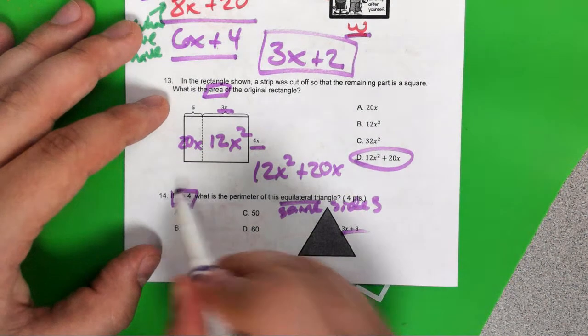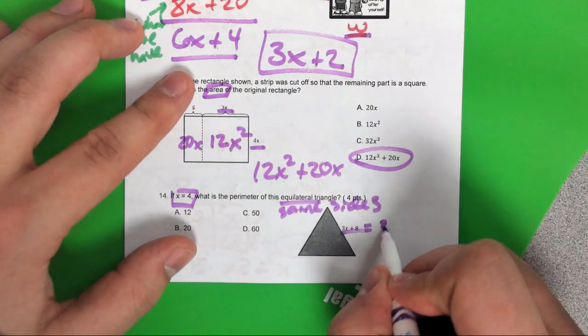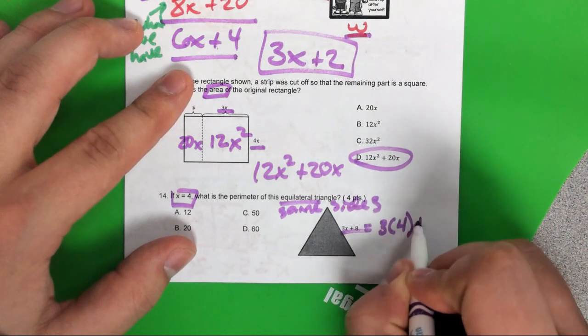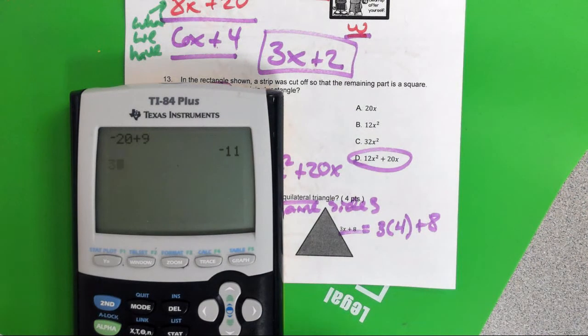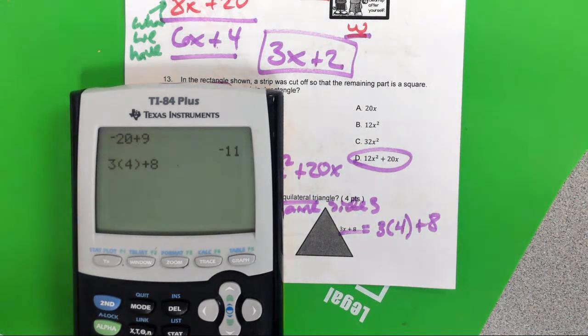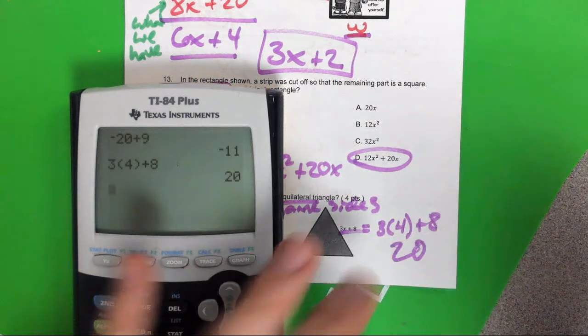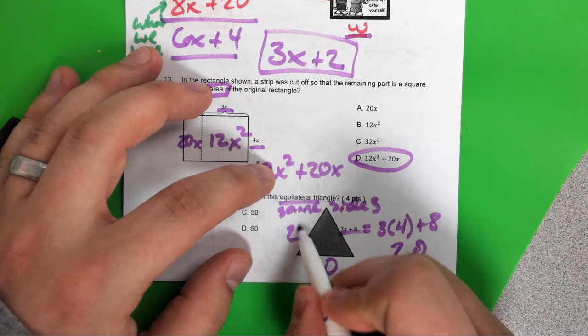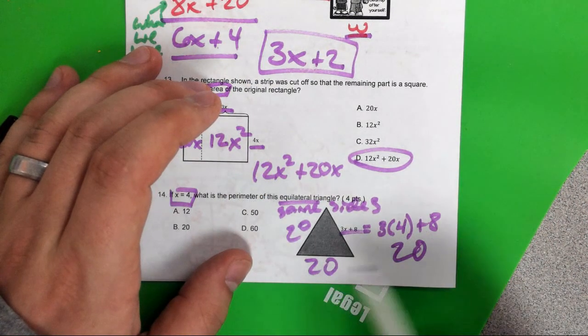If x equals 4, then instead of x I put 4 in: 3 times the quantity 4 plus 8. We just plug that right in. Enter. 20. So each side is 20. So we'll come here, 20, 20, and 20: 20, 40, 60. Bingo. Right there.